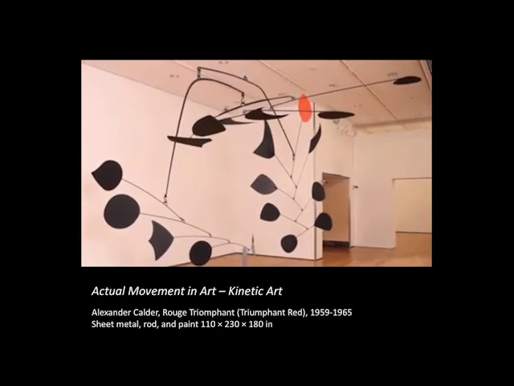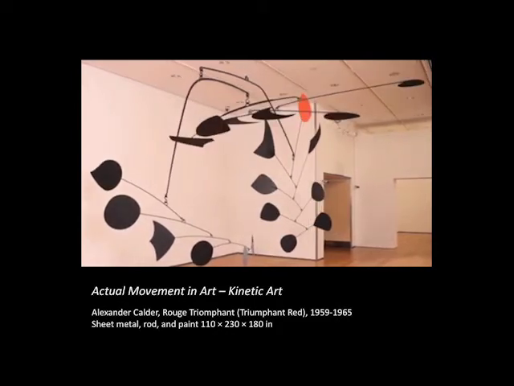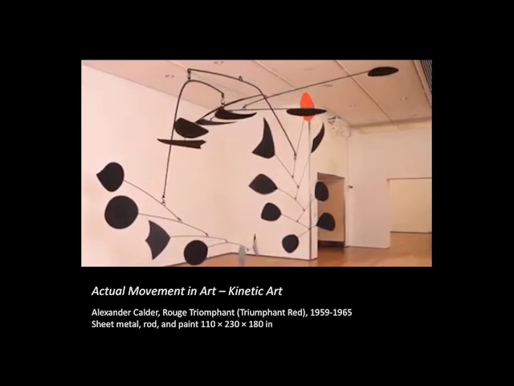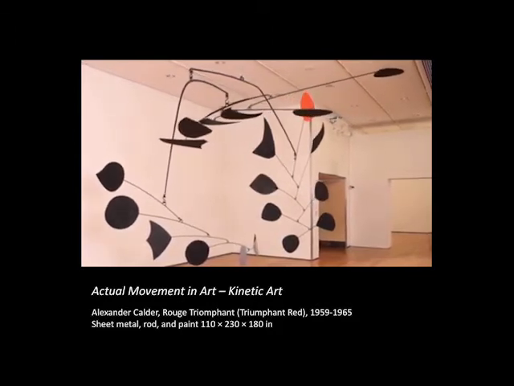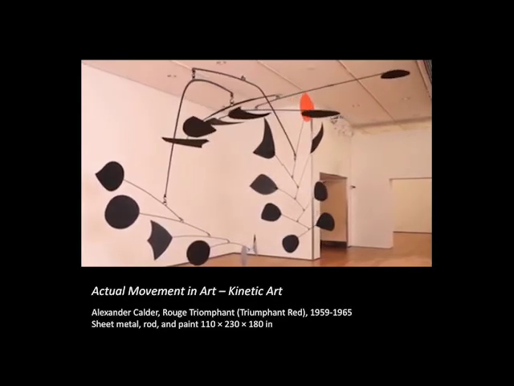So one of the guys who was kind of the king of this early form of kinetic art was a man by the name of Alexander Calder. And Calder created these giant mobiles that were sheet metal, steel, welded, balanced perfectly. Some were as big as half of a room, and some were even bigger.